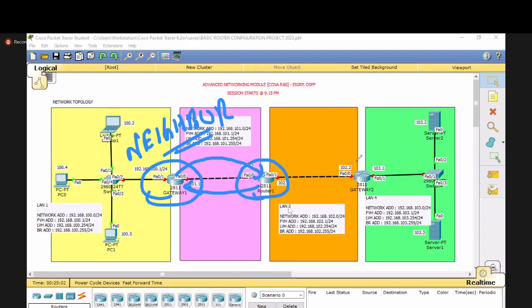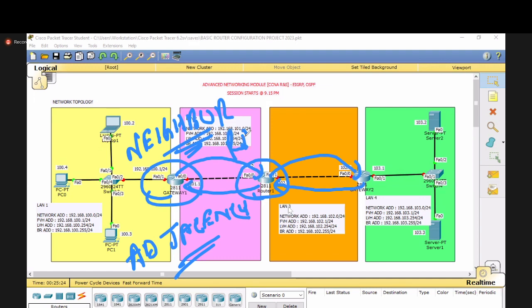Similarly, router 1 needs to be neighbor with gateway 2. When these routers make neighbor relationship, that is what we call adjacency. So adjacency is nothing but the neighbor relationship which exists between routers in EIGRP.